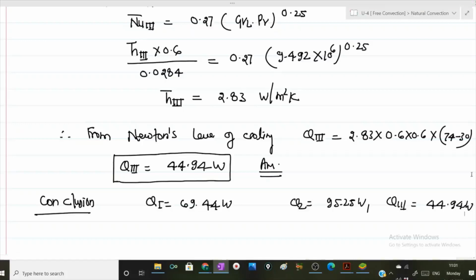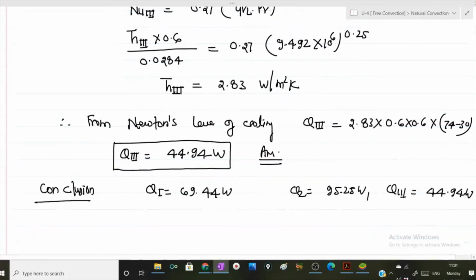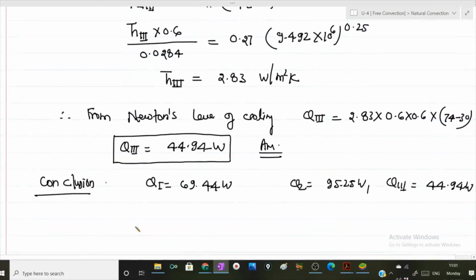For the same plate kept in different orientations, I am getting a higher heat transfer rate in the second case than the first and then the third. Means when the plate is kept horizontal facing its heated surface up, under that condition the heat transfer rate will be higher. So the plate will be cooled very fast in the second case. So that is the conclusion or remark I can give. So this way you can solve this numerical.